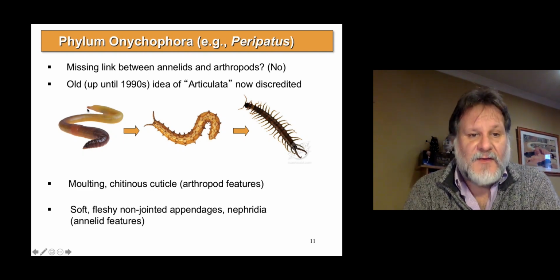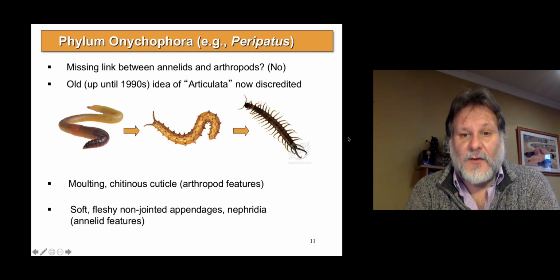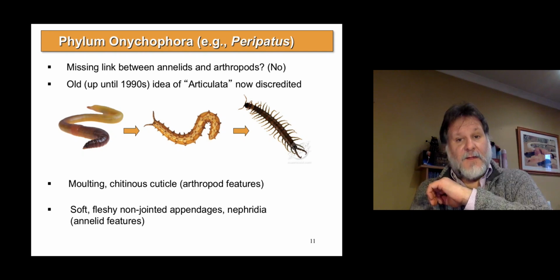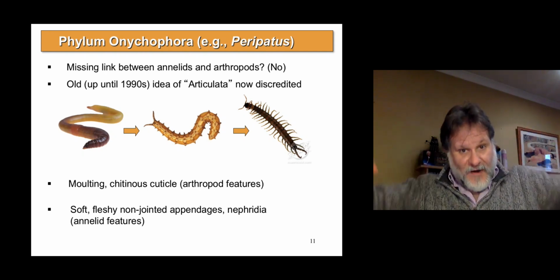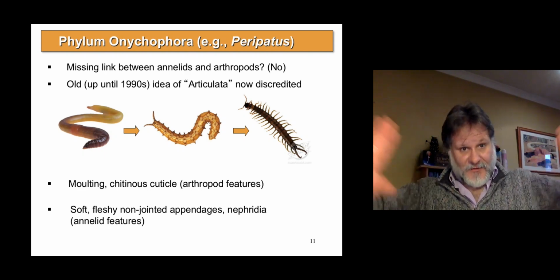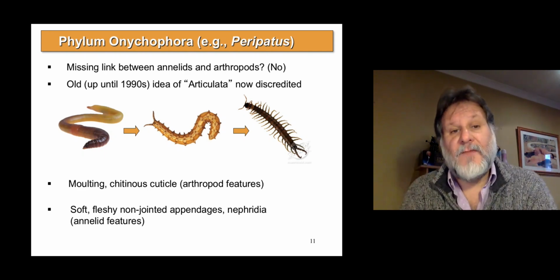So the segmentation in annelids and the segmentation in onychophorans and arthropods is probably a relic of something much, much deeper, and possibly, according to some people, a convergent phenomenon.